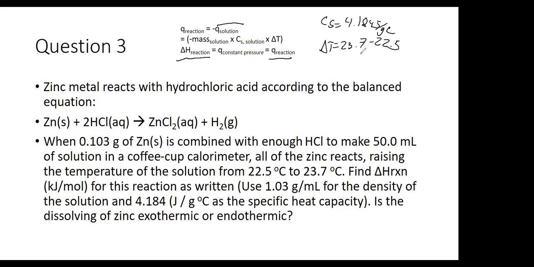Mass of solution, again, don't just put the zinc mass. That's not a solution. Solution is zinc plus hydrochloric acid. So we have 50 milliliters of solution. Our density is 1 mL per 1.03 grams.